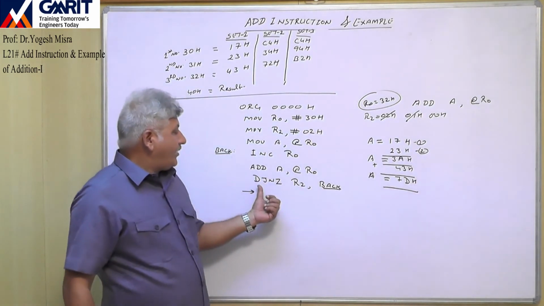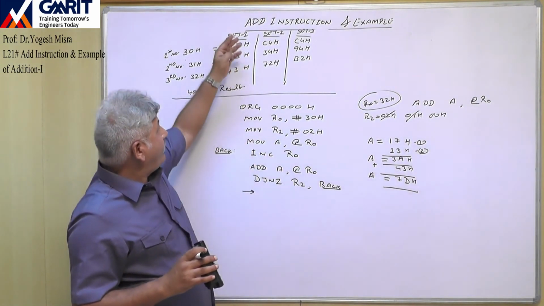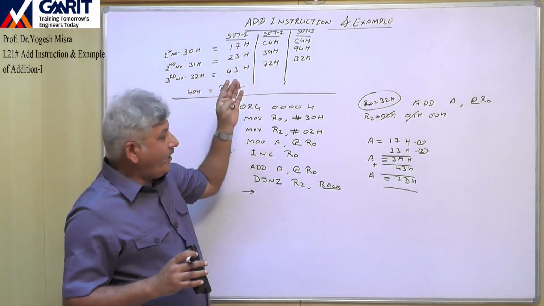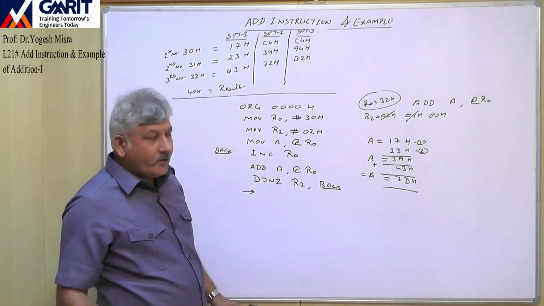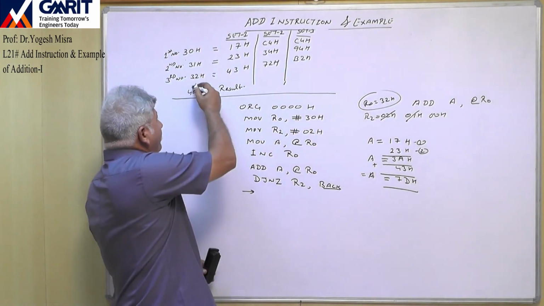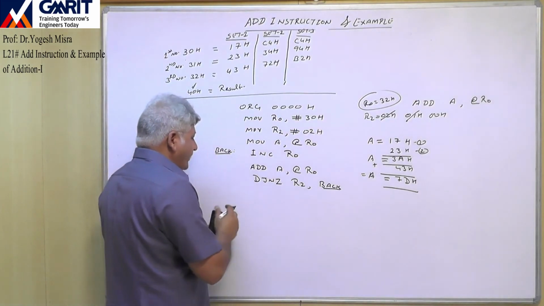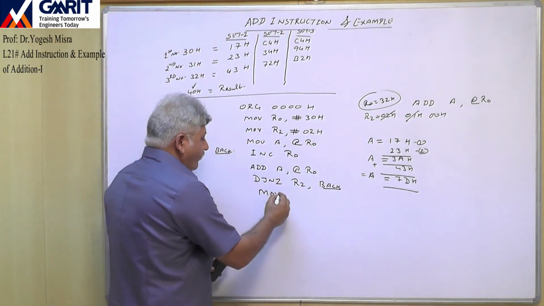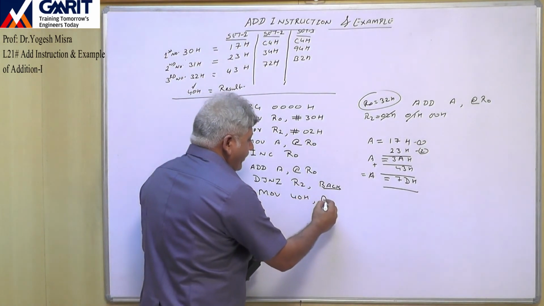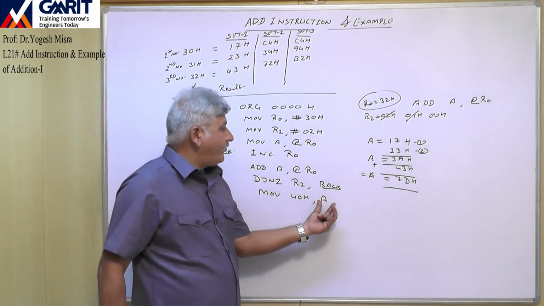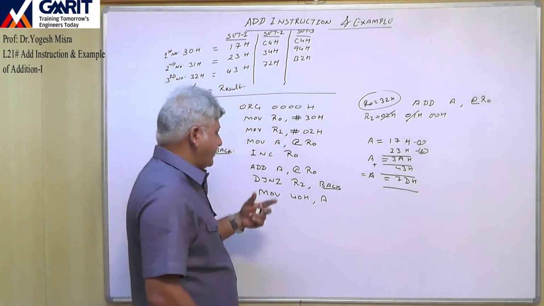When the program comes here, we know that we have completed all the additions and our final result is in the A register. This final result we have to store at the 40H location. So here I will write the instruction, MOV 40H, comma A. So the content of A, which is 7DH, will be stored in 40H.